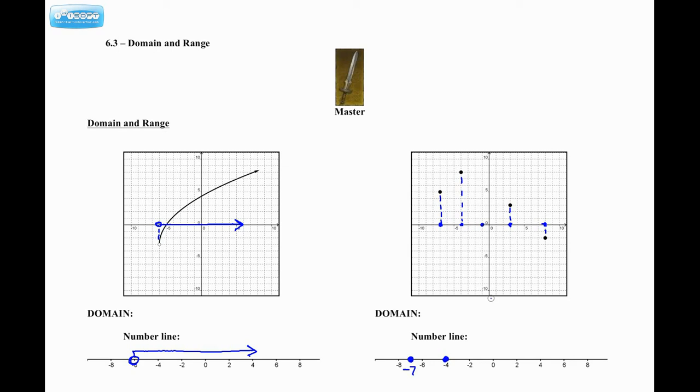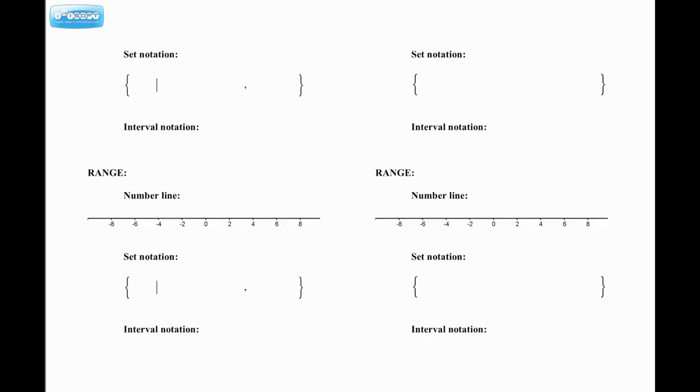Then we have -1, which is right here. I'll label that. And we have 3. Why did I have to pick all these odd numbers? That's 3. And then finally here we have 8. So I don't have to label that one. There we go. They're not connected. It's discrete. There's your domain.